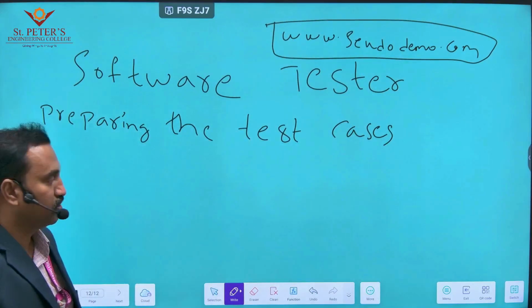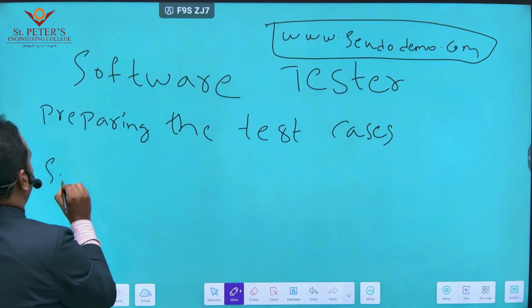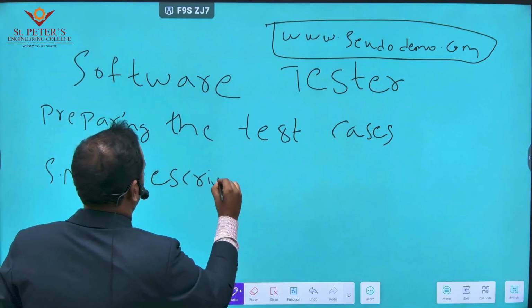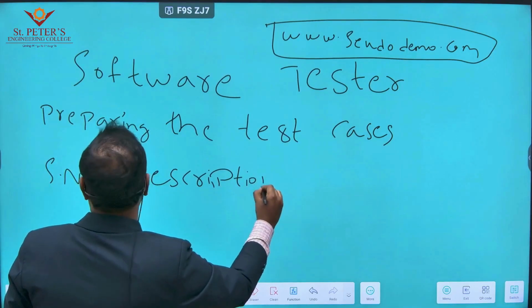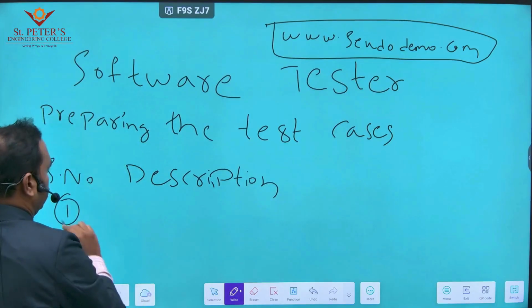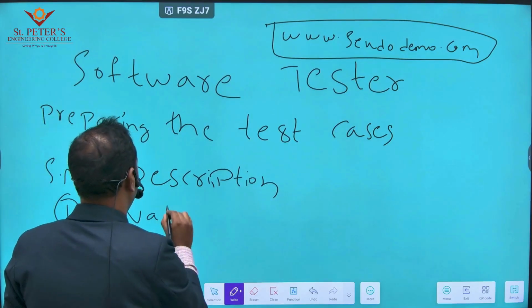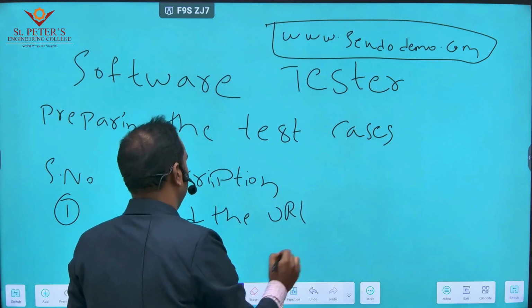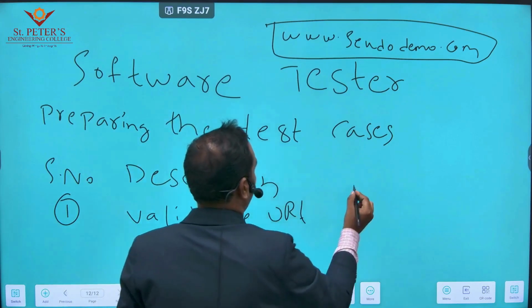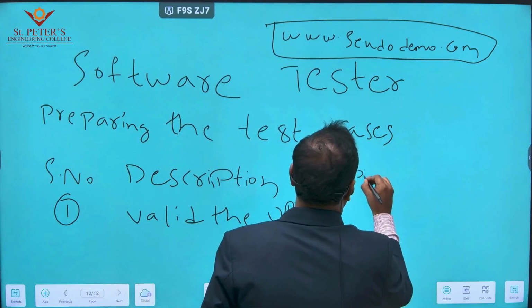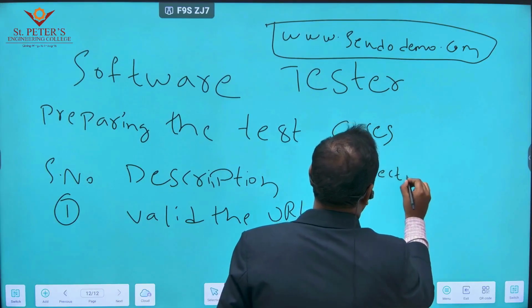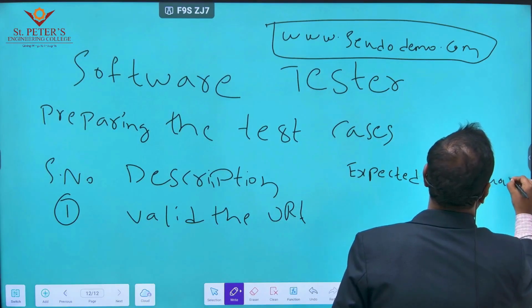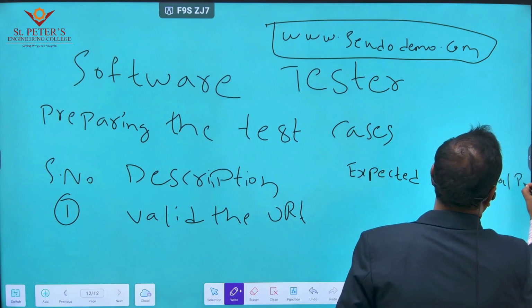For that you prepare test cases, like serial number 1, validate the URL. What is expected and what is actual, you can write here in the results.